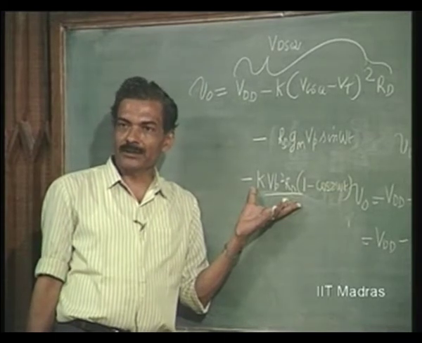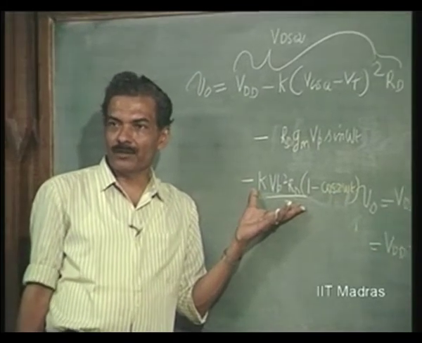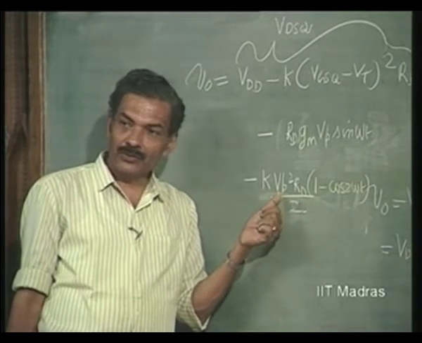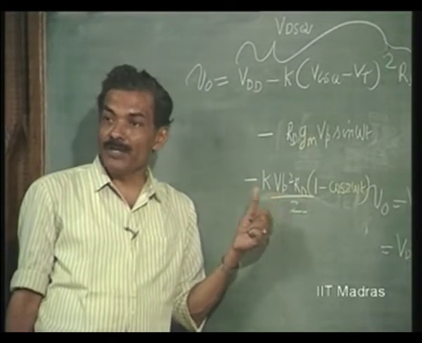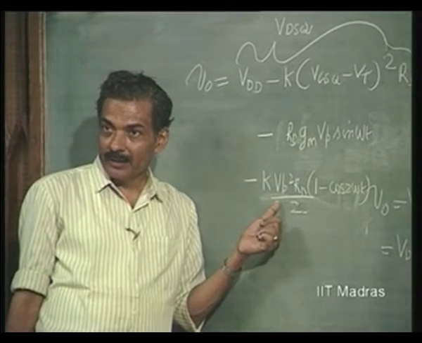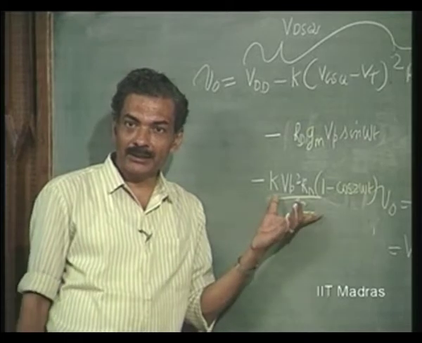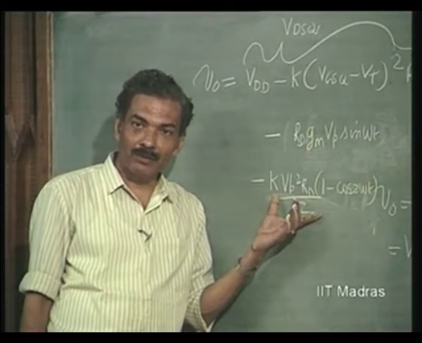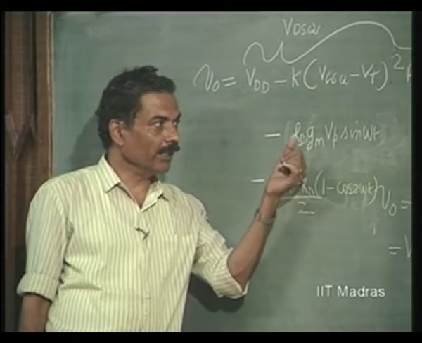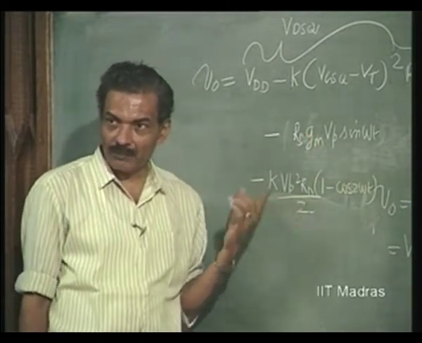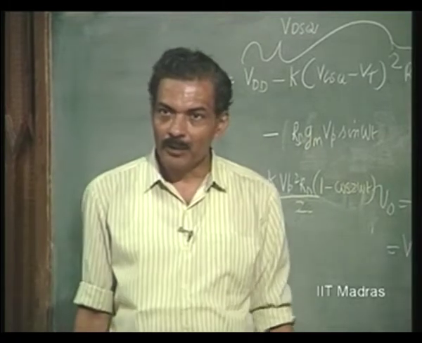So, this is something that you can always do in design. Suppose you are asked to design a FET amplifier for an output distortion less than 1%, then you can also find out what should be the value of Vp, what should be the limiting value of Vp to retain the distortion at less than 1%, because this is Vp squared, and if you divide it by this, one Vp will still be there. The distortion obviously depends upon Vp.